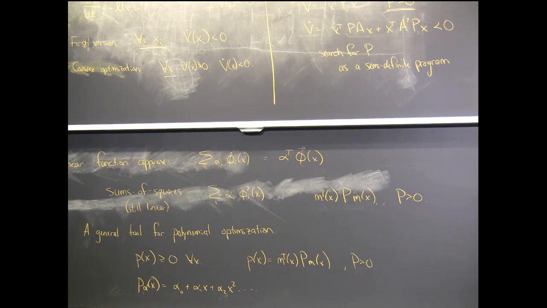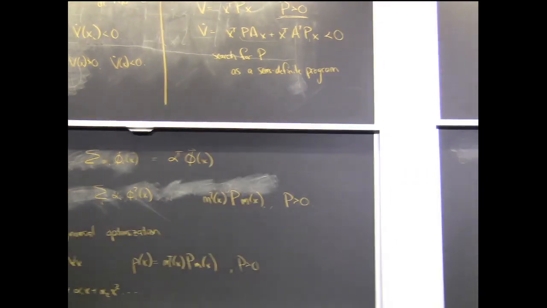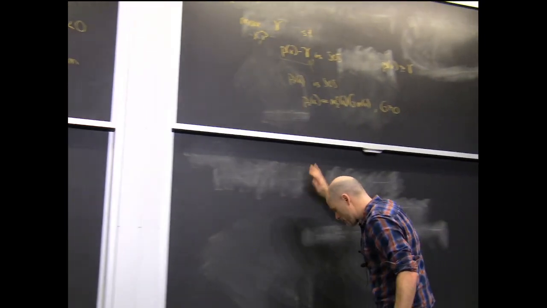Okay, so this is just a very simple example. Let's do one of the Lyapunov examples again, the one that I put up quickly, but make sure we understand it.